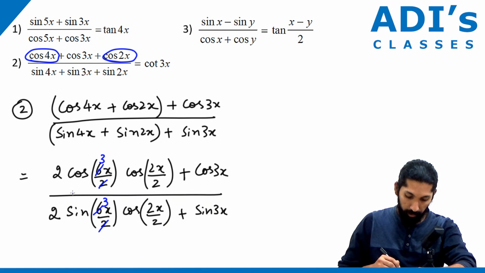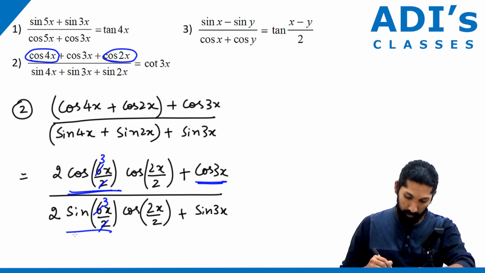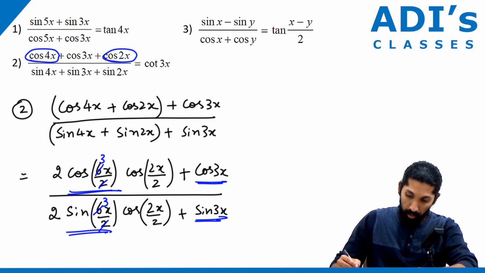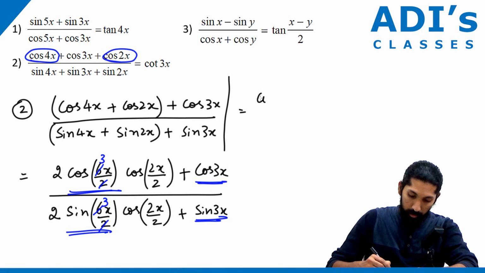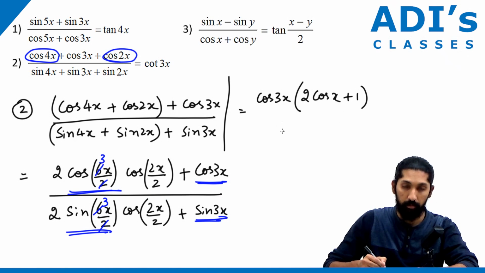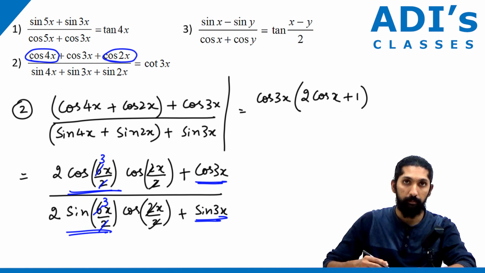Now, don't you think you can take cos 3x here and here common? And here sin 3x you can take common, right? So that means the same problem, we can write this as in the numerator, you can take cos 3x common into 2 cos x plus 1, because 2 and 2 cancels here, right?